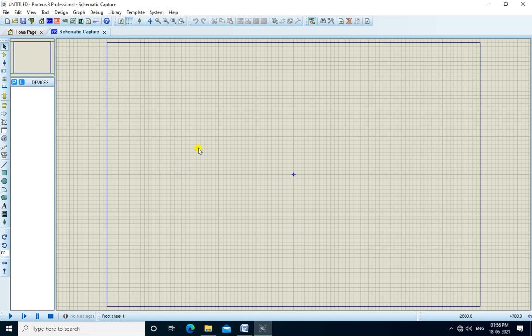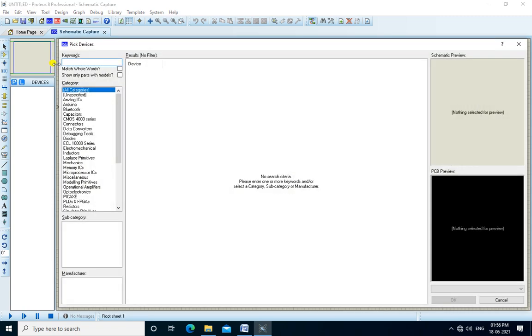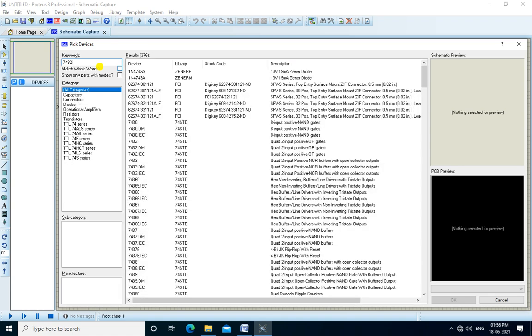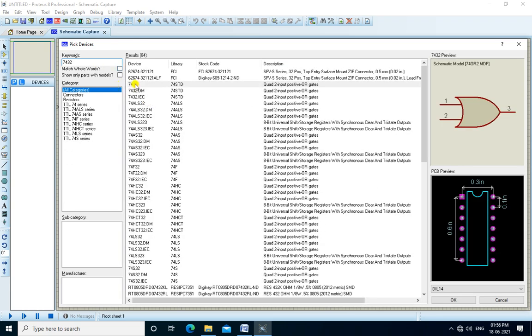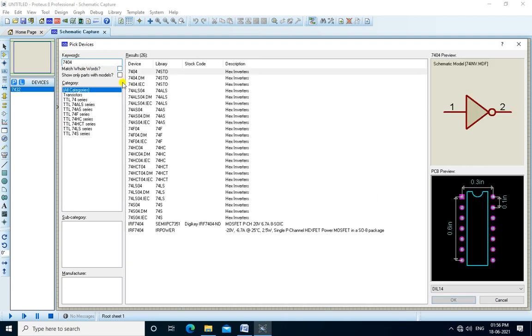So we perform the practical by using the Proteus simulation software. We need to get the components by clicking on P. We search the components through the keyword. Firstly, we need to add the OR gate, that is 7432 IC, then NOT gate 7404, then AND gate 7408.